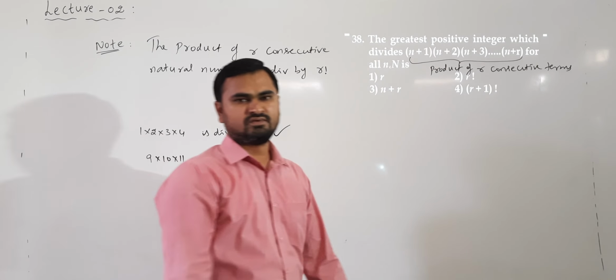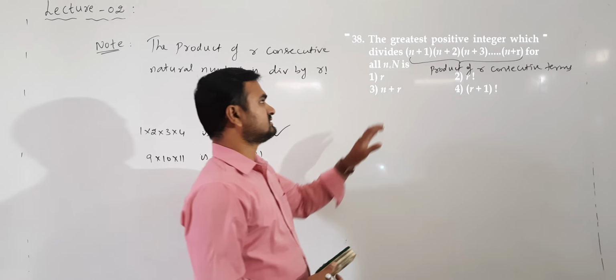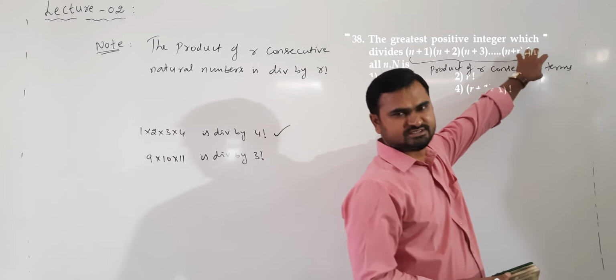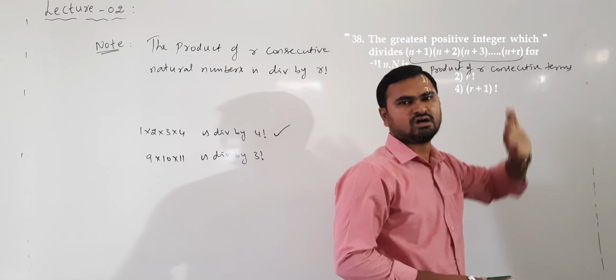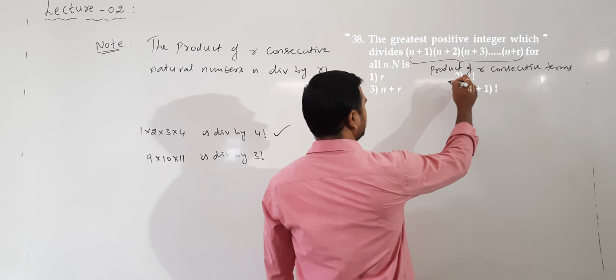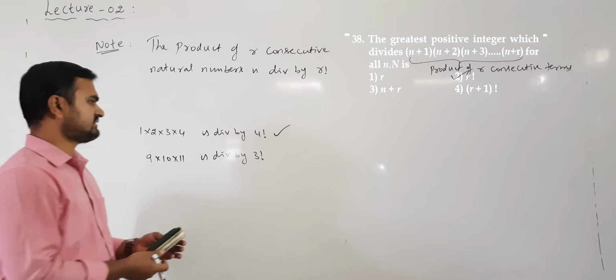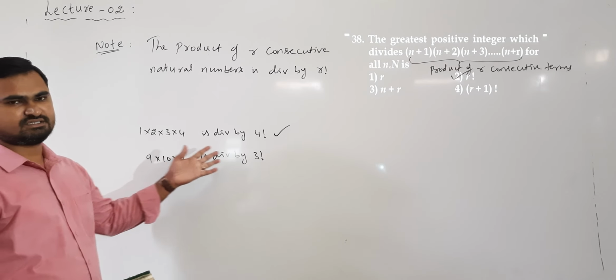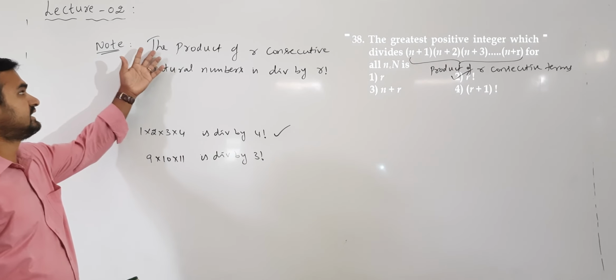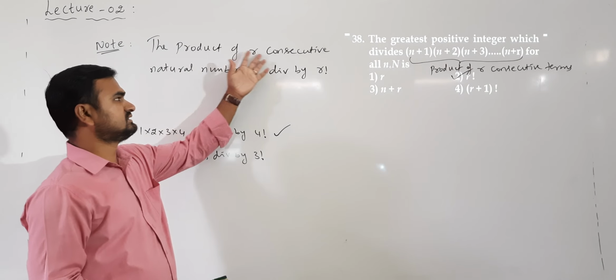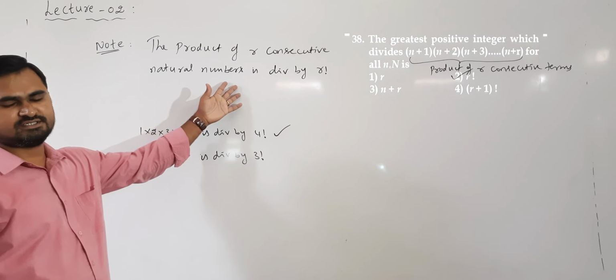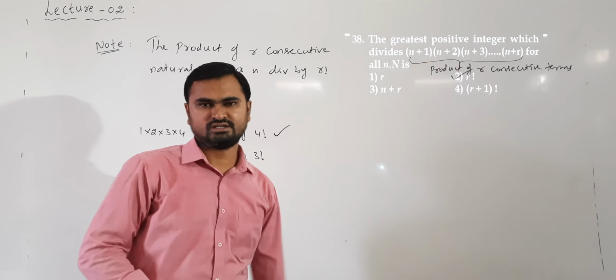The product of r consecutive terms is always divisible by r factorial. So the required answer is the second option. If you want, you can take some example and see whether it is satisfied or not. So note it: the product of r consecutive natural numbers is always divisible by r factorial.